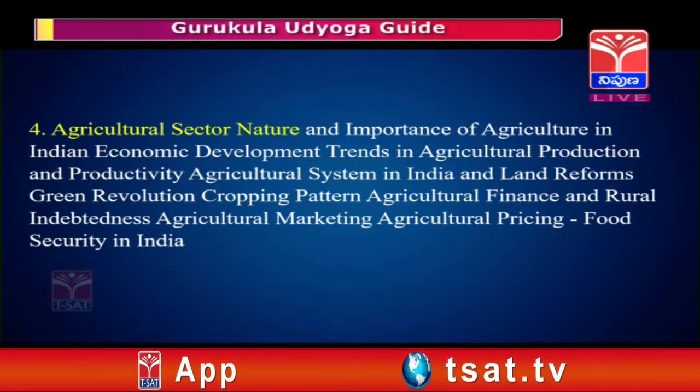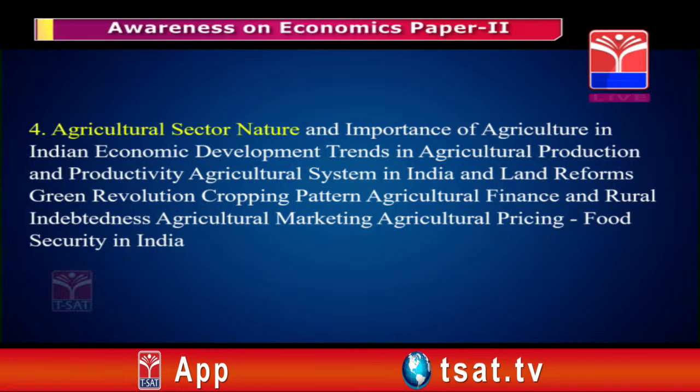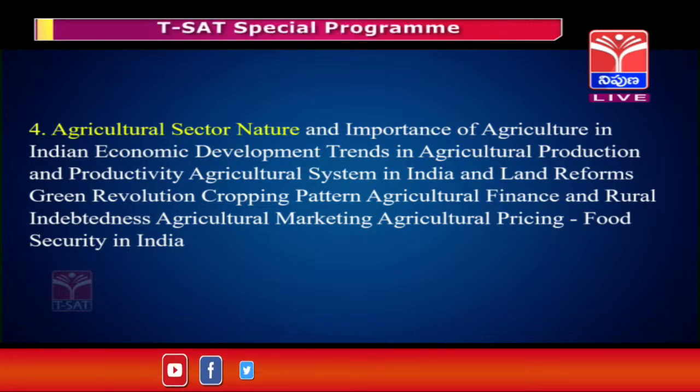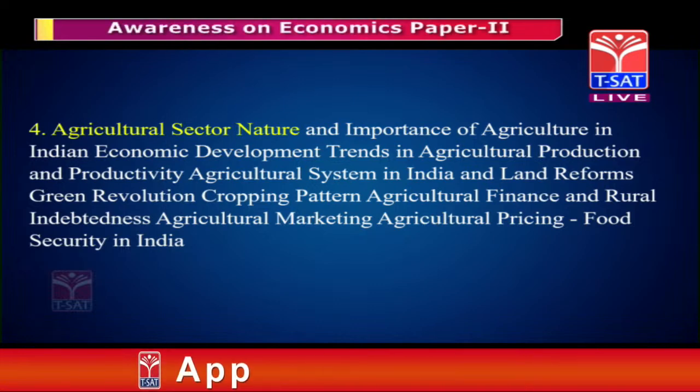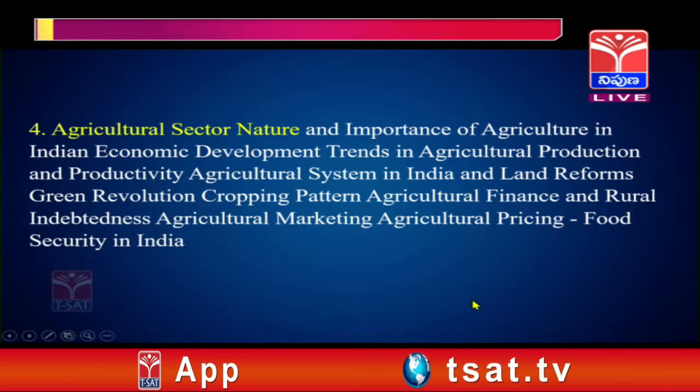And the green revolution and the cropping pattern in India have brought a lot of changes in the way production levels in India have increased. You should know that green revolution technology was first applied in the case of wheat, which also got extended to other important major food crops in India.